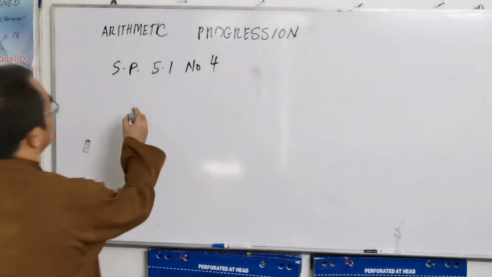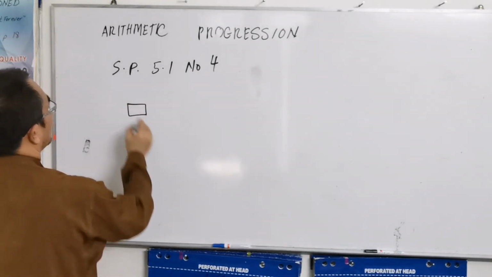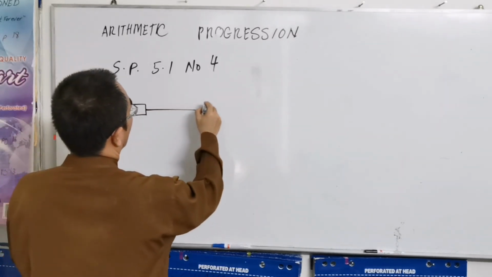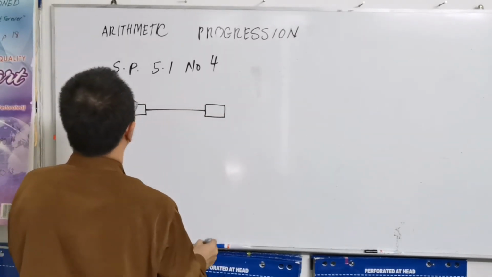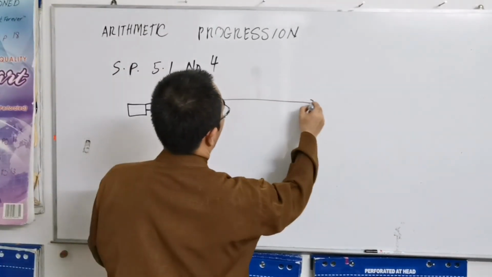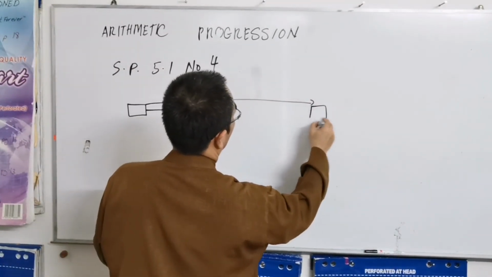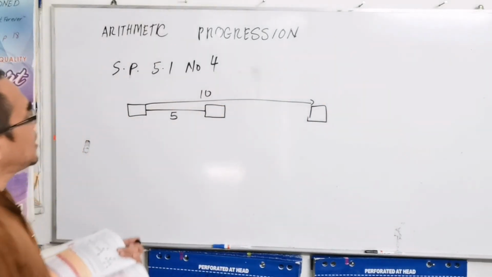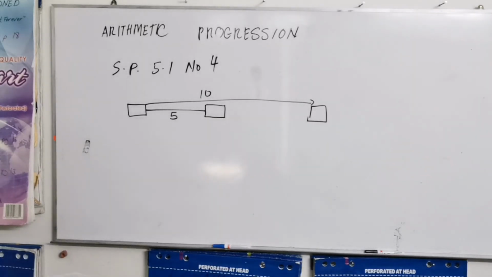Okay, so this is the first one. After 5 meters will be the second one, and then here will be after 10 meters. This is 10, this is 5. Does it follow an arithmetic progression?